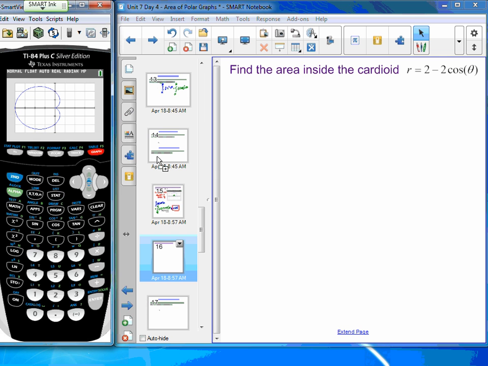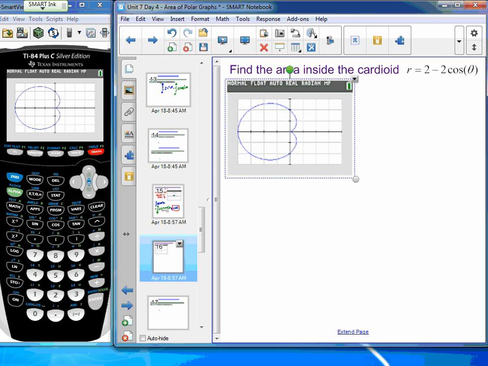So we'll go ahead and take our graph, and we can go directly to our area formula. We know that the area between my polar curve and the origin over an interval alpha to beta is given by the integral from alpha to beta of 1/2 f of theta quantity squared d theta.